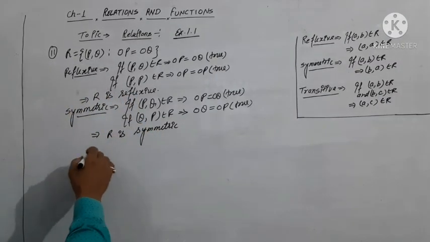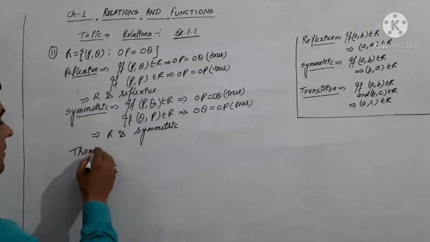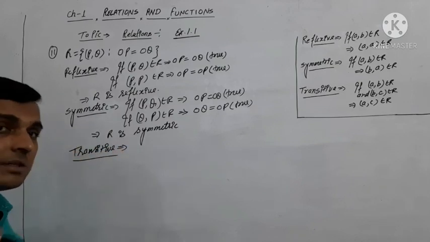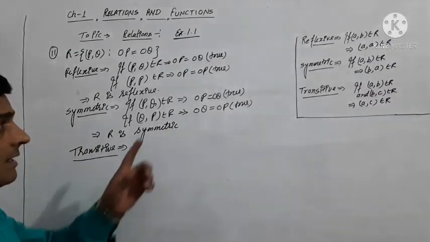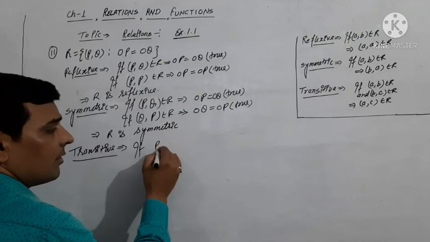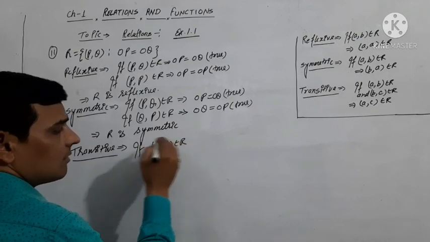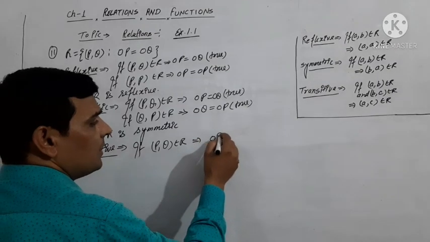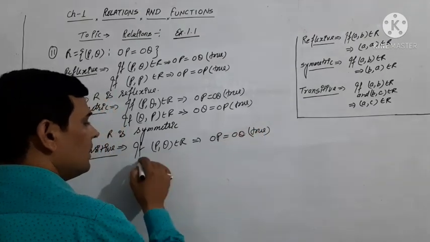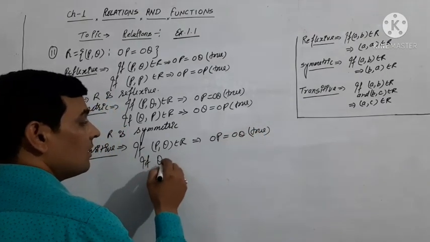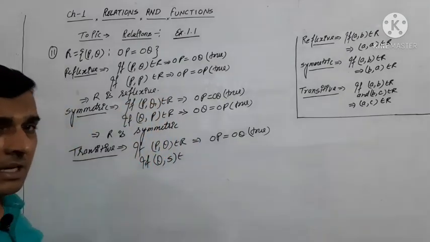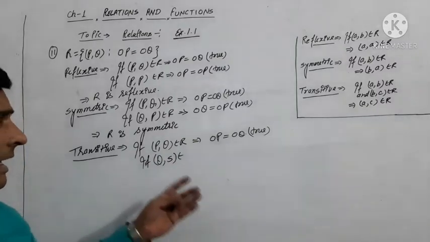Now come to the third point, transitive. ट्रांजिटिव होगा कि नहीं होगा बताइए बेटा. होगा ना भाई. डिस्टेंस देखिए मैं करके दिखा रहा हूं आपको. इफ पॉइंट (P, Q) belongs to relation, then OP will be equal to OQ. This is true. If (Q, कोई और पॉइंट ले लें S), R नहीं लेंगे क्योंकि R रिलेशन को रिप्रेजेंट कर रहा है यहाँ पर, तो Q के साथ में कोई और पॉइंट S ले लेंगे.